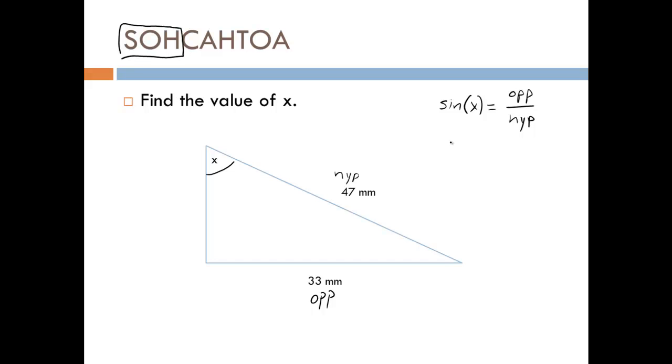And if we plug our numbers in there, we have the sine of the measure x equals the opposite, which is 33, divided by the hypotenuse, which is 47. And again, to cancel out the sine to get x by itself, we can take the inverse sine of both sides.